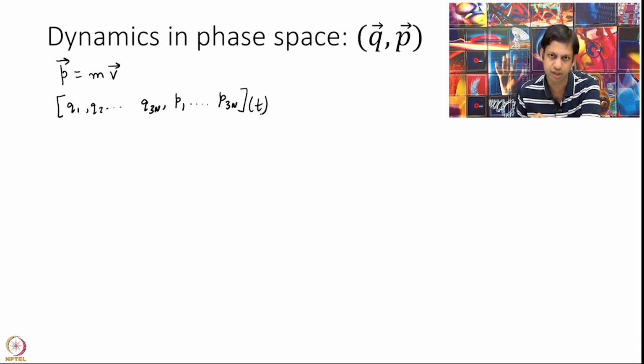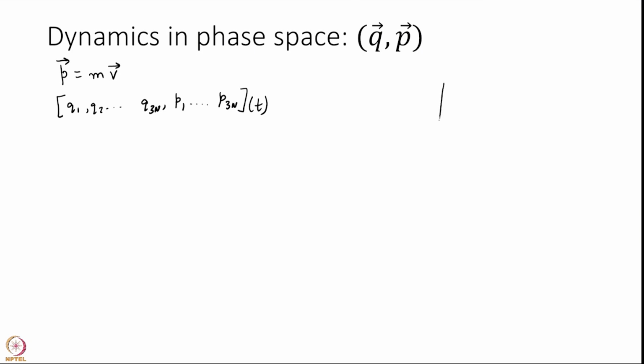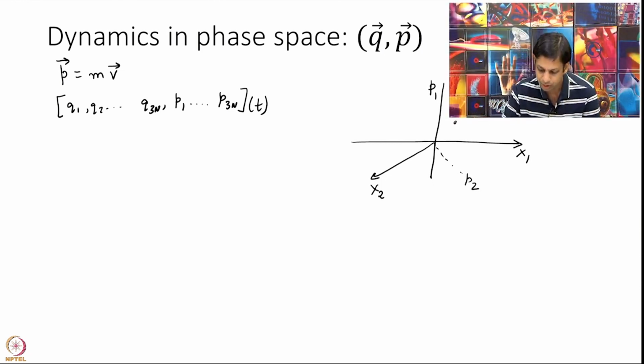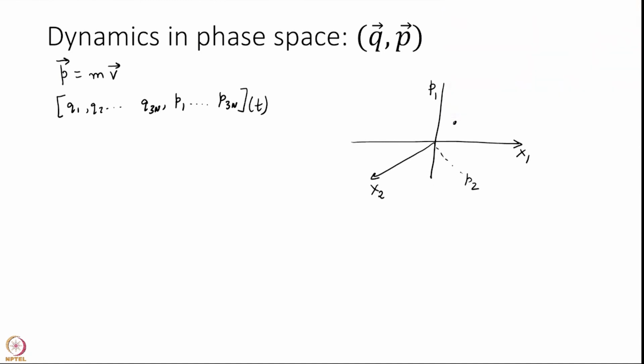But what we are doing really is, let us say this is dimension x1, this is dimension p1. Similarly, I have many more dimensions that I cannot even draw. So, I have x2 here and I have some 4th dimension p2, and I have many more such dimensions, and I have a particle here in this 6n dimensional space moving around with time.